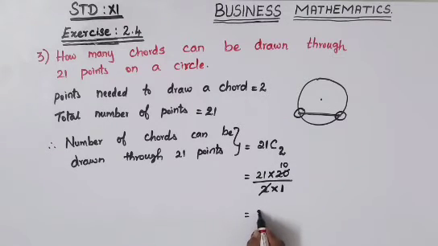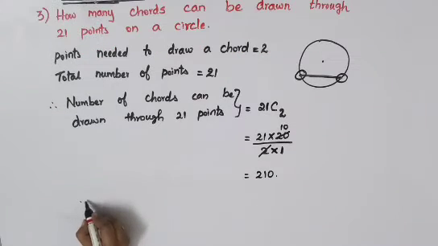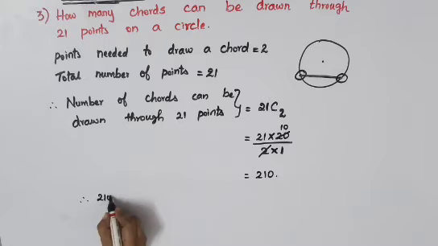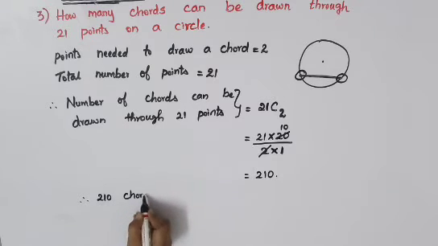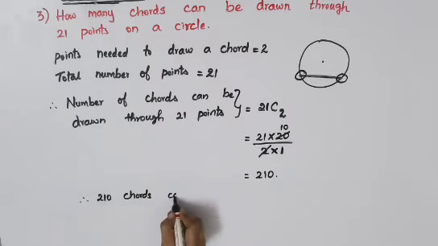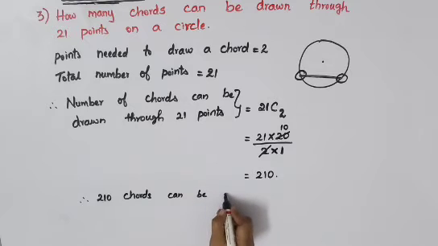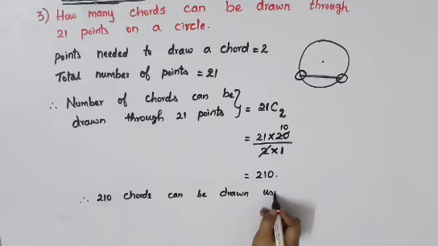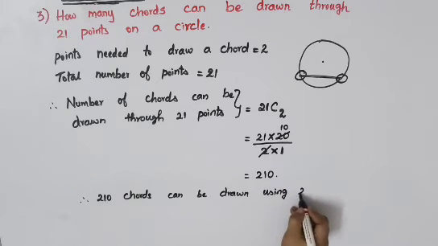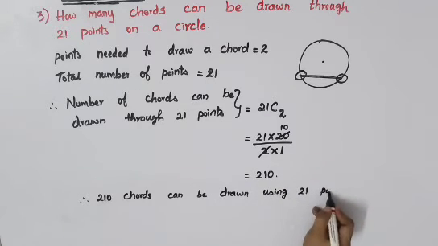So that is equal to 210. Therefore, 210 chords can be drawn using 21 points. So this is the answer for your third question.